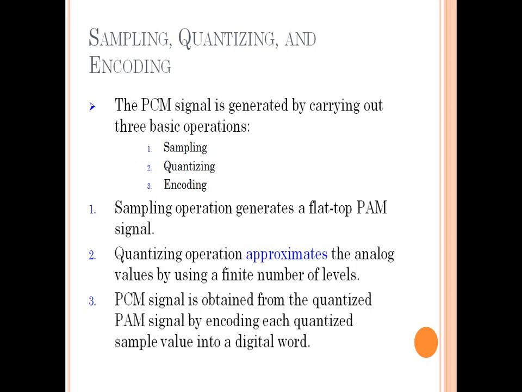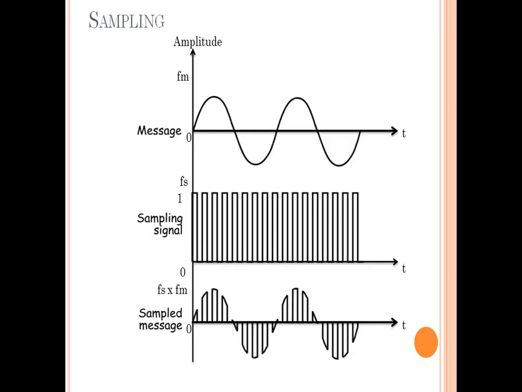Now sampling, quantizing and encoding are the processes. The PCM signal is generated by three basic operations, as I have already discussed. Sampling is an operation that generates a few sample values of the analog signal, and it is given by a flat top PAM signal. How is it done? I am doing it here.